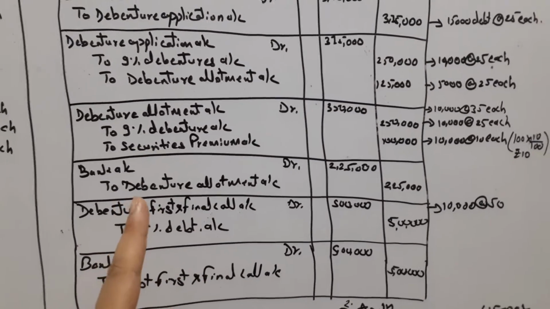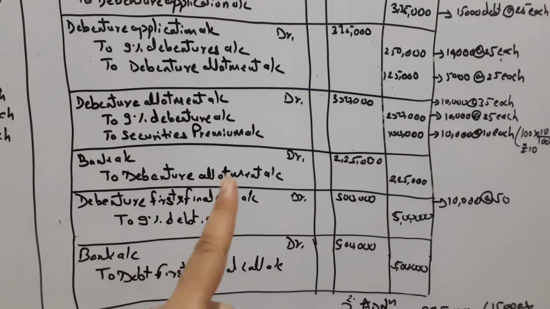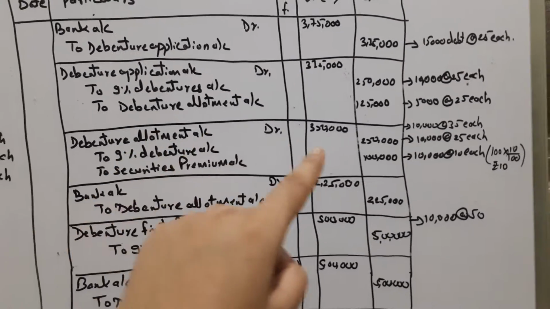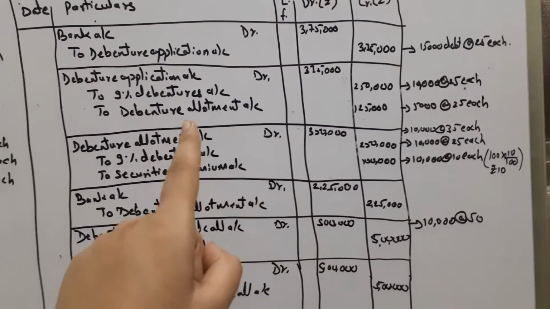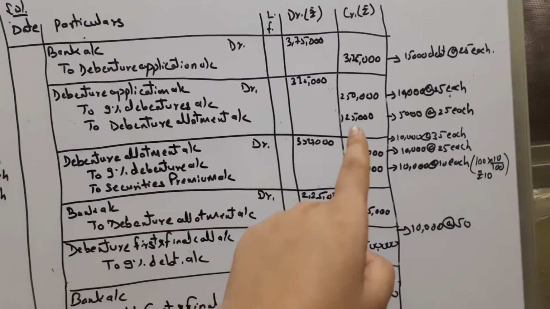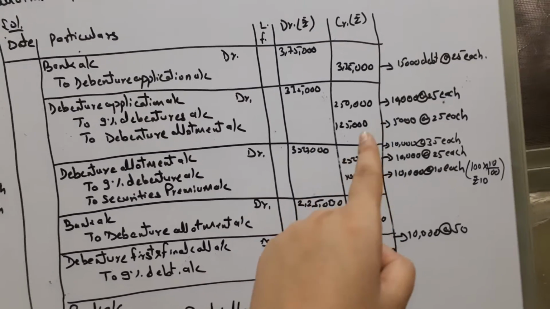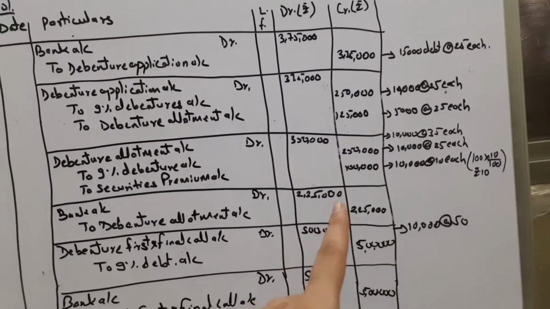Next is your receipt entry. So bank account debited to debentures allotment account. As you can see here, debenture allotment is debited with 3,50,000, and we have already received 1,25,000, which has to be adjusted towards allotment. So 3,50,000 minus 1,25,000 will give you 2,25,000.